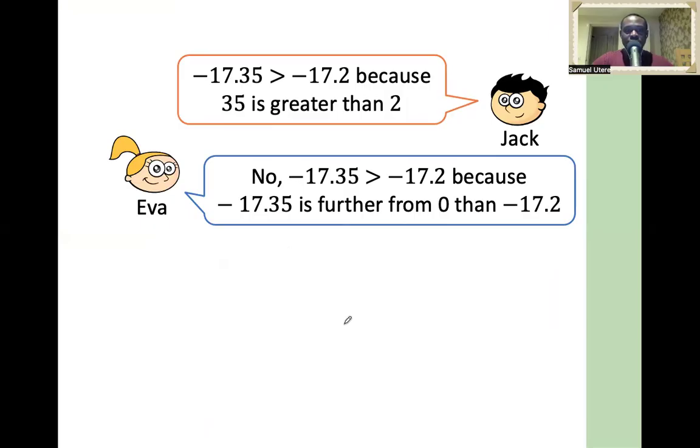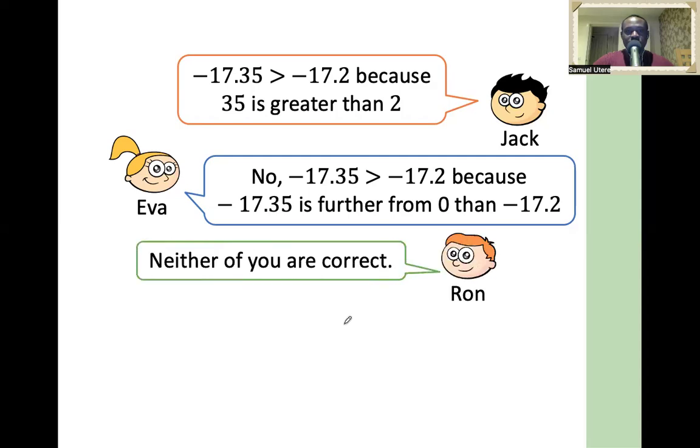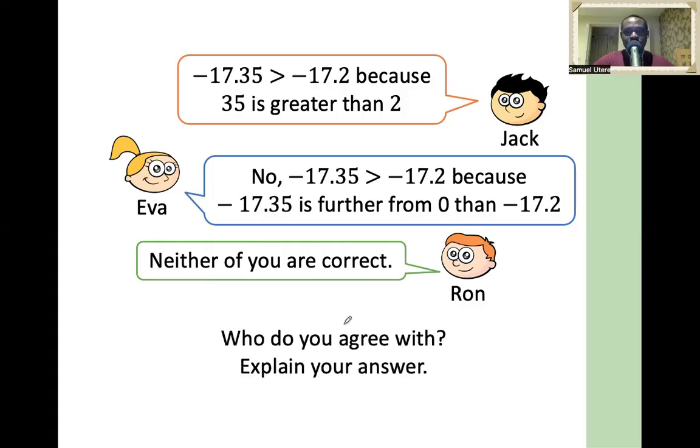Then Eva says that no, negative 17.35 is greater than negative 17.2 because negative 17.35 is further from 0 than negative 17.2. Ron says neither of them are correct. Who do you think is right? Have a think.